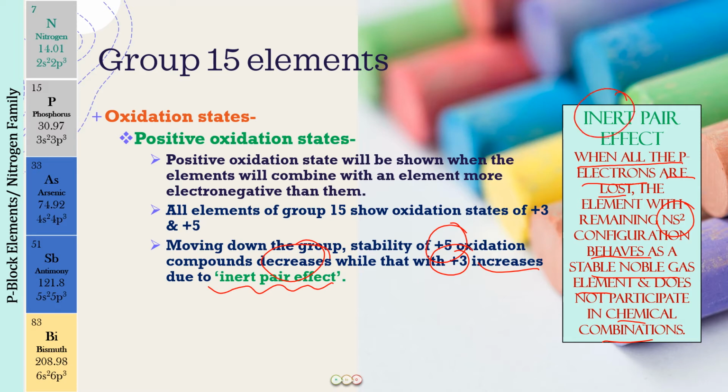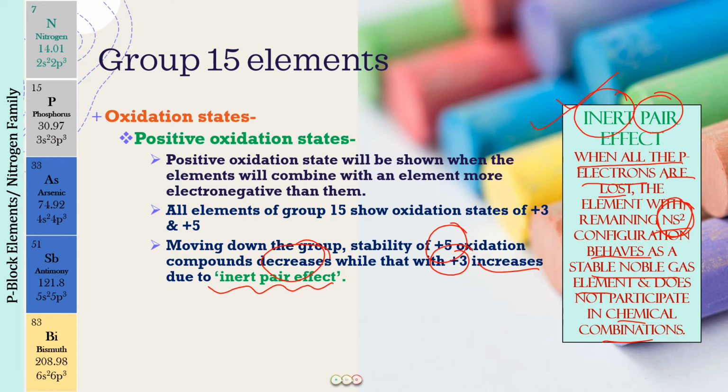So inert means not participating in chemical combination. This is similar to the inert gases, right? They also do not want to participate in chemical combination. Similarly, these elements, when they have the ns2 configuration, do not want to participate in bond formation because ns2 is again a completely filled orbital. So this completely filled orbital does not want to participate. When this does not participate, this pair of electrons is behaving like an inert gas, and therefore we call it the inert pair effect.